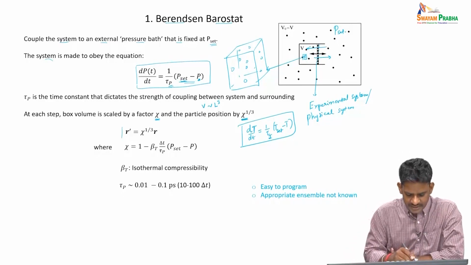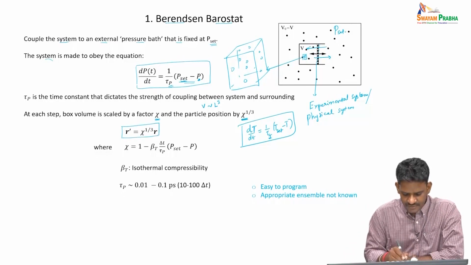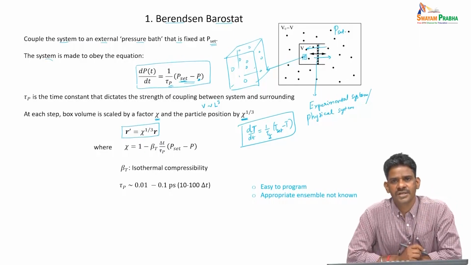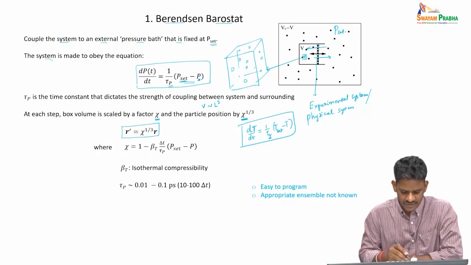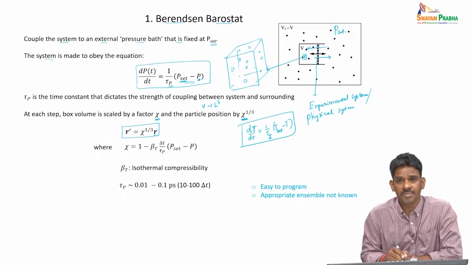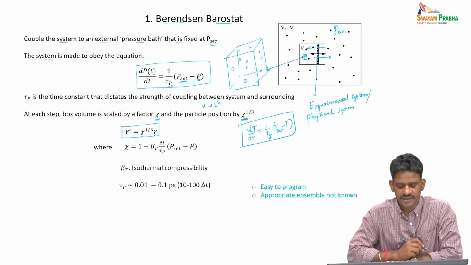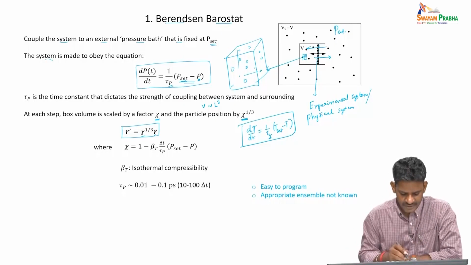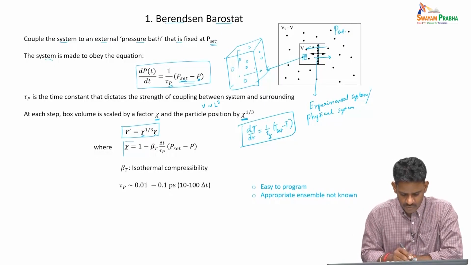So, we basically scale all the linear dimensions with the scaling factor of chi to the power 1/3. You can see that at every time step, whenever there is a change in the box volume, we change the coordinates of all the particles by a scaling factor chi to the power 1/3, where this parameter chi is a scaling factor and it is given by this equation.